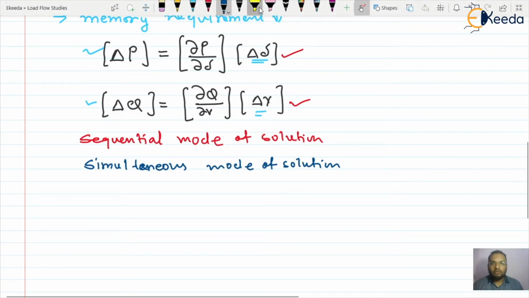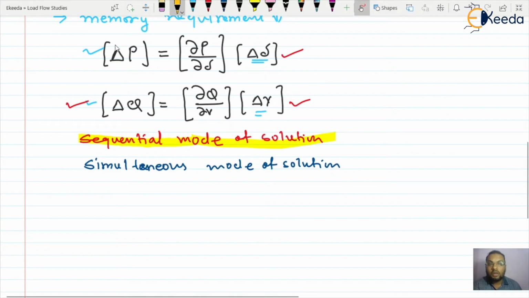Out of these two, the more practically useful method is the sequential mode of solution. Why is it so? If you are carrying out the load flow problem and you are concerned with the reactive power only, suppose you want to control the voltage profile on the transmission line, then of course you have to control the reactive power. So for those studies, you can directly solve this equation only. No need to solve for the first one.